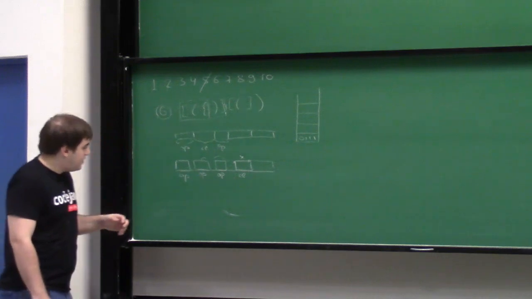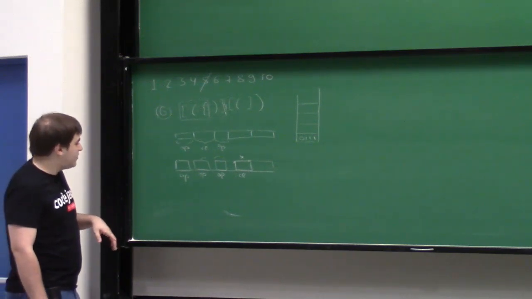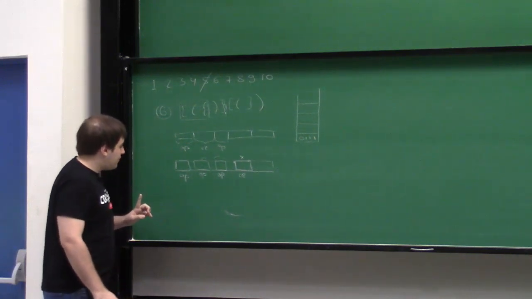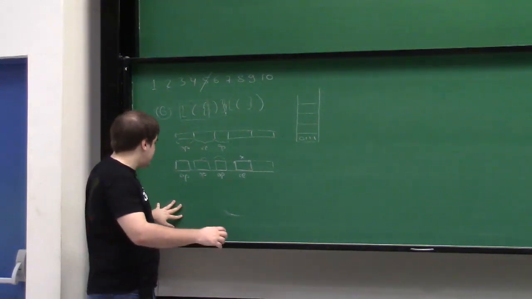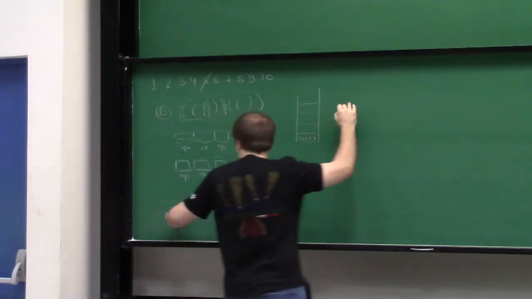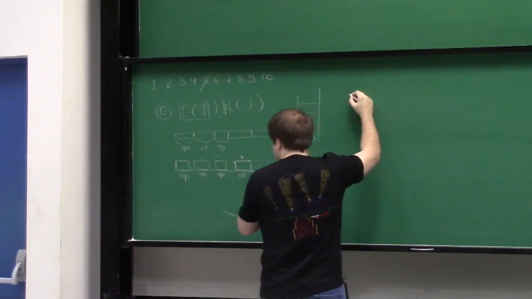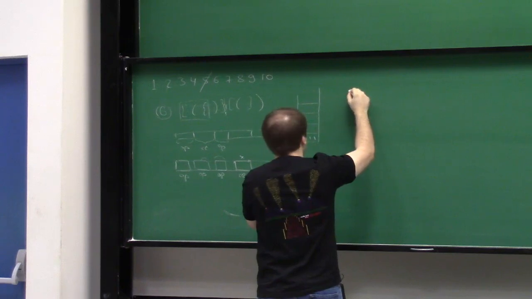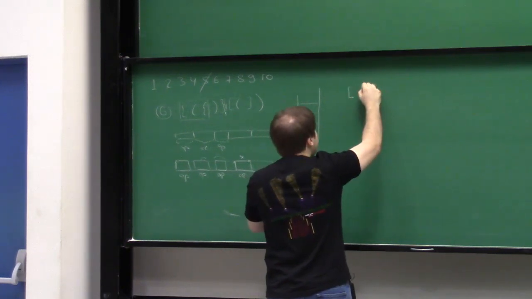Well, what may go wrong? Let's say like that. For example, consider the following case. We have, let's say, one closing bracket here.